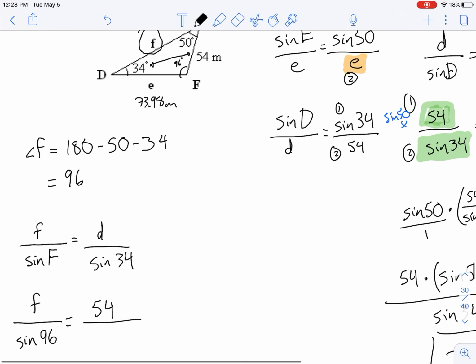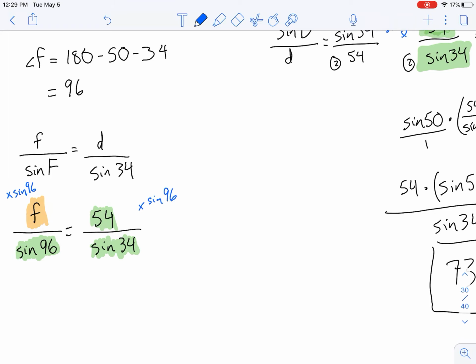So then we have 1/2 of this other one. We know what sine 96 is. It is a decimal answer. And we have our unknown F. So once again, we're just going to solve for our unknown. We solve for that by multiplying both sides. Let's multiply this side by sine 96. If we multiply one side of the equation by sine 96, we have to multiply the other side by sine 96.